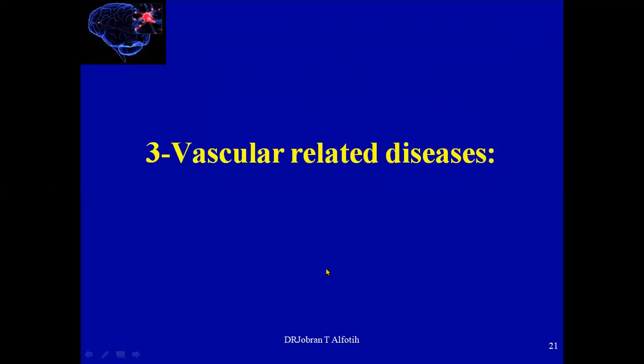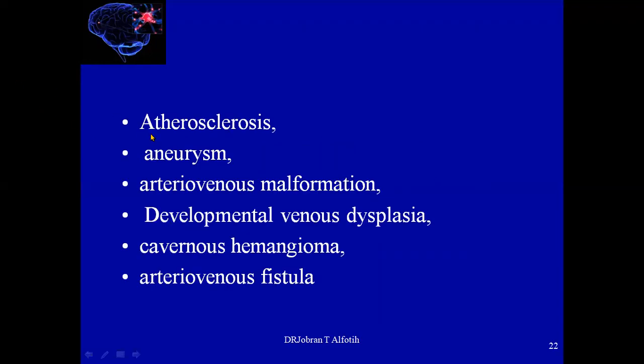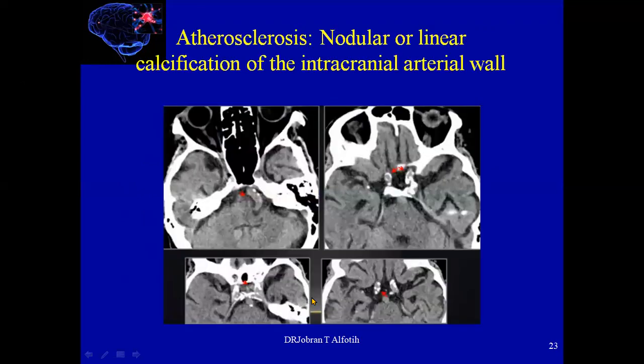The third reason for pathological calcification is vascular related diseases. We have many types of vascular diseases. Firstly, the most common is atherosclerosis, then aneurysm, arteriovenous malformation, developmental venous anomaly, cavernous hemangioma, and lastly, the arteriovenous fistula.